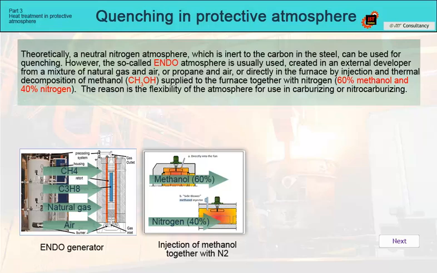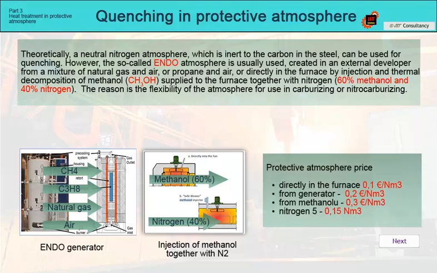All methods are possible, depending only on whether the heat treatment shop is equipped with a sufficient supply of natural gas or on the ability to implement appropriate safety measures, because methanol is a highly poisonous, flammable liquid. Economic criteria are also decisive. The methanol atmosphere is 50% more expensive than endo atmosphere created in a generator.